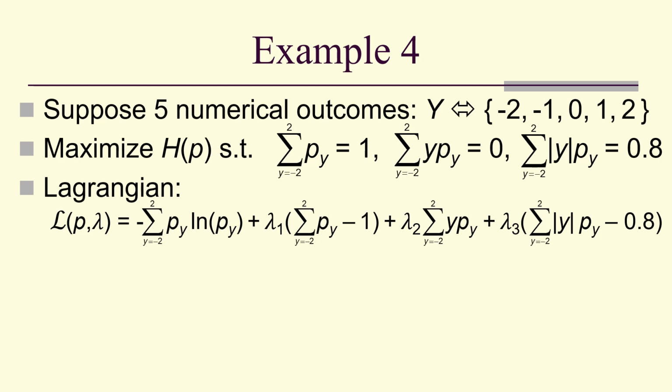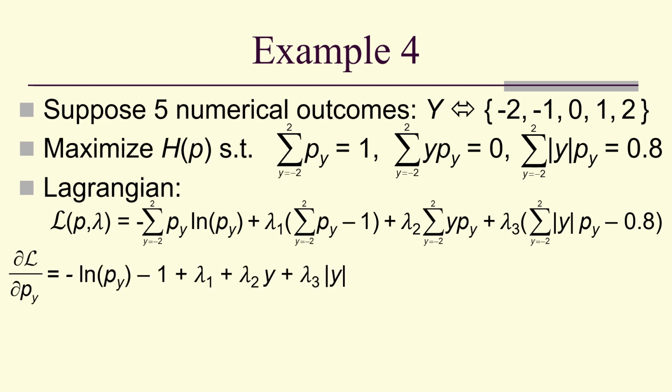Here's our Lagrangian. We take our derivative, get our familiar friend, this time with the lambda 3 times absolute y corresponding to our absolute constraint there. The derivative with respect to p0 is negative log p0 minus 1 plus lambda 1. Boy, haven't we seen that many times.